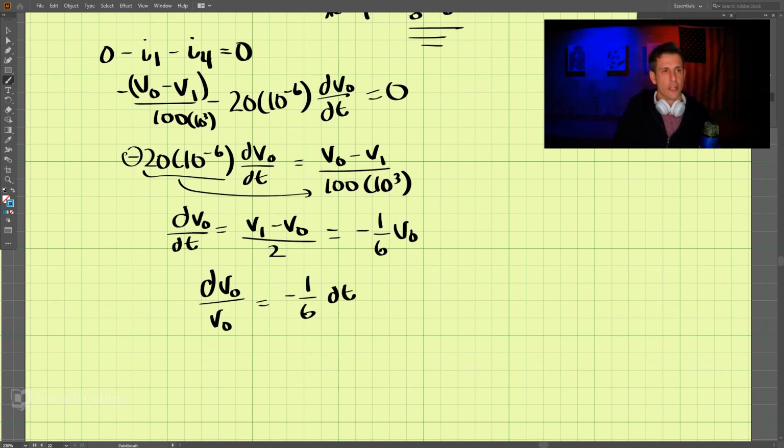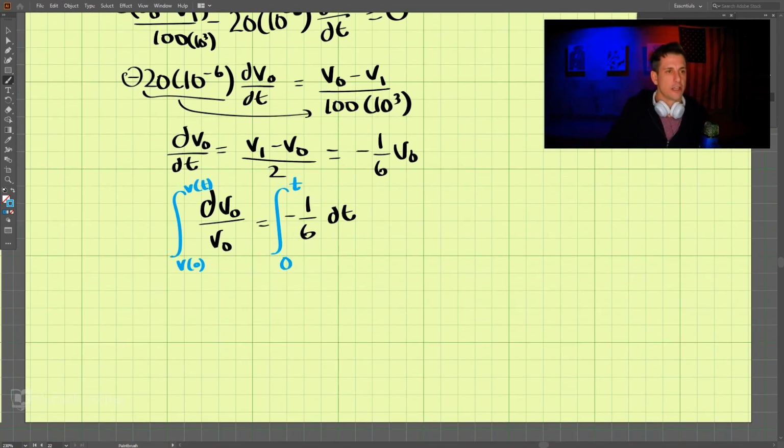Now with this equation, we can integrate both sides. We're going to integrate the left-hand side in terms of V naught, so this is going to be V at time 0 to V at t. And this is going to be integrated from time 0 to time t.